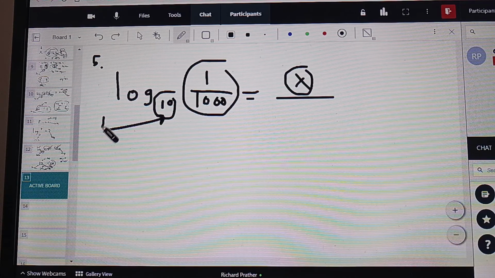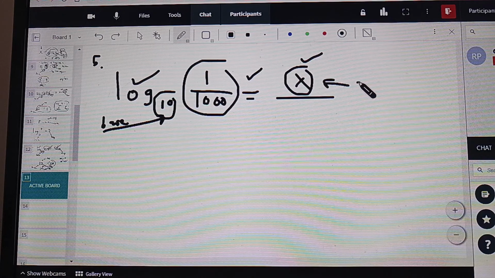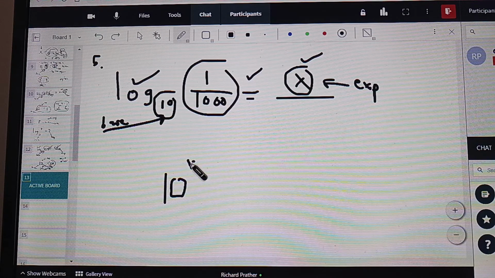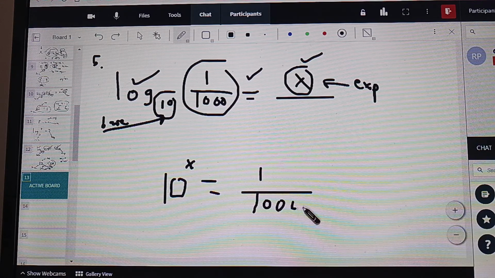Log base 10. A log is an exponent. So in exponential, the base is the regular size number 10. A log is an exponent. The exponent is the raised up high number. And I haven't used 1 over 1,000 yet.